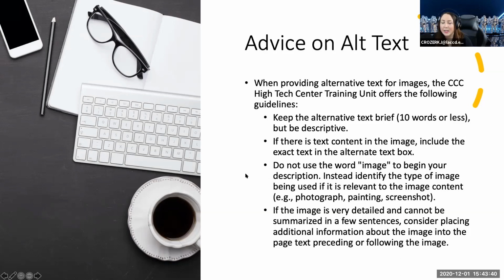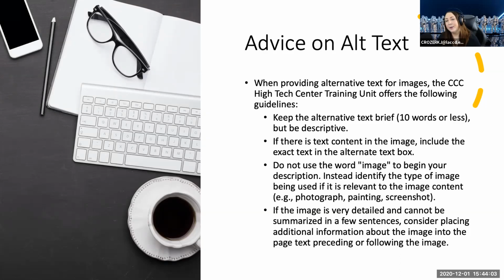Okay. So if you're not dealing with a very complex image, which we were just talking about, in general, you want your alternative text to be brief, 10 words or less, but also descriptive. If there is some kind of text on your image, that exact text needs to appear in the alternate text box.